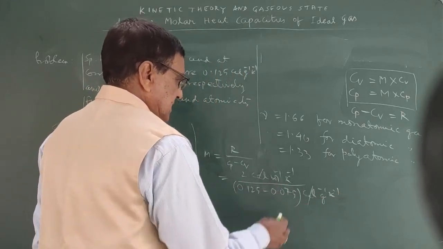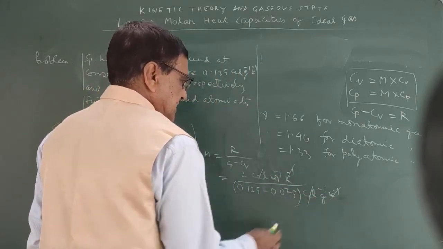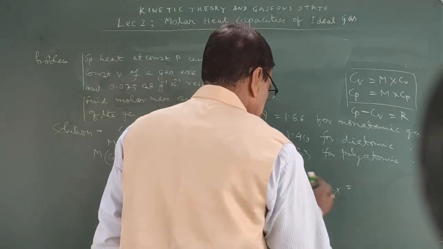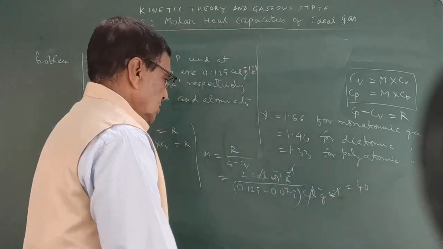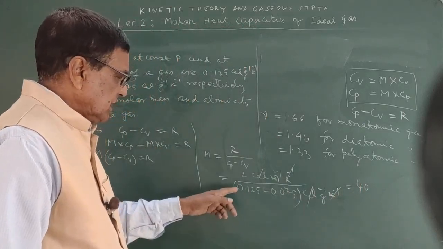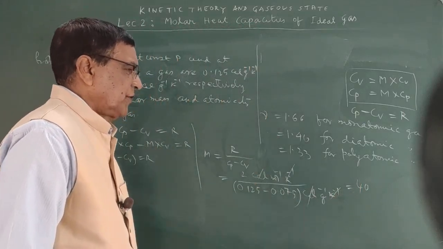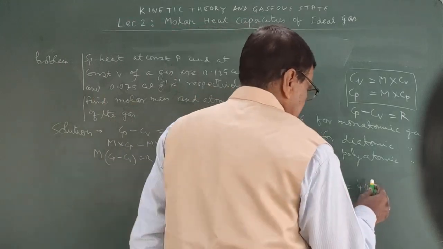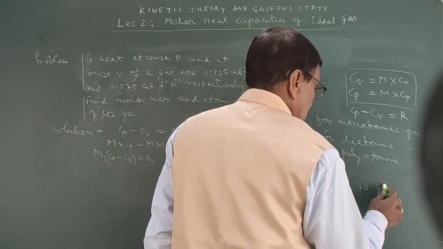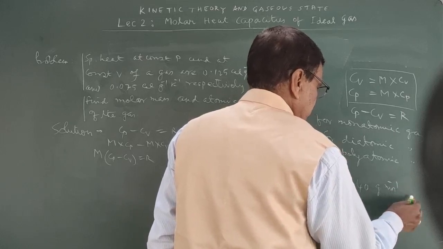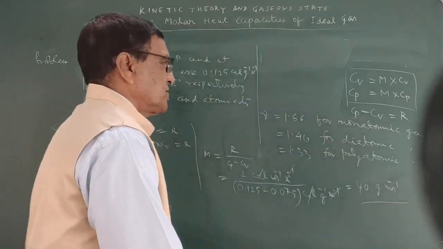Calorie cancels, Kelvin inverse cancels, and the value comes to be 2 by 0.05, which is 40 gram mole inverse. So this is the molar mass.